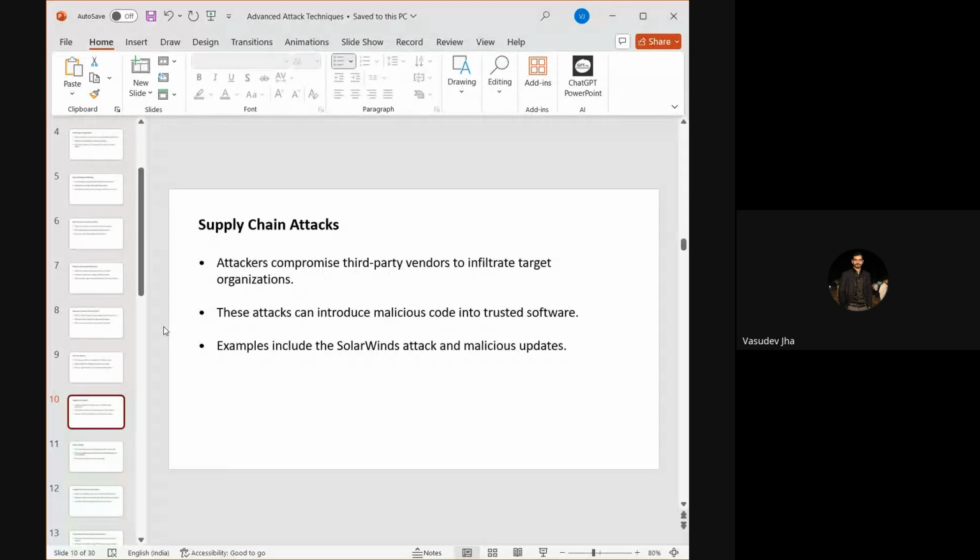Now what will the attacker do? He will change that specific URL. Now you don't have any security mechanism because for you that is a trusted vendor. Okay. So due to that also, some vulnerability or some malicious code can be introduced in your software.